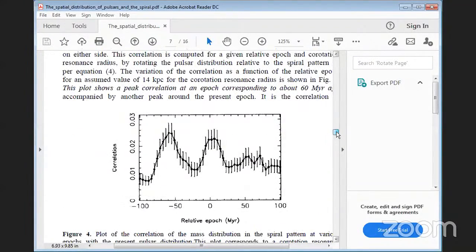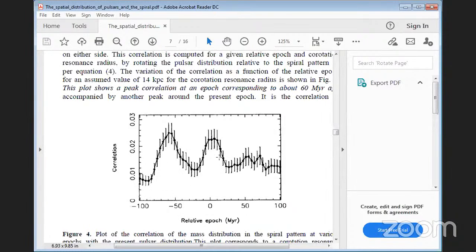So when one does that, one gets, in this particular case, a bump or high correlation at some epoch, which is about 60 million years earlier. Okay, so it's just saying that the present population of pulsars matches with the spiral arm structure that you would have seen 60 million years ago.